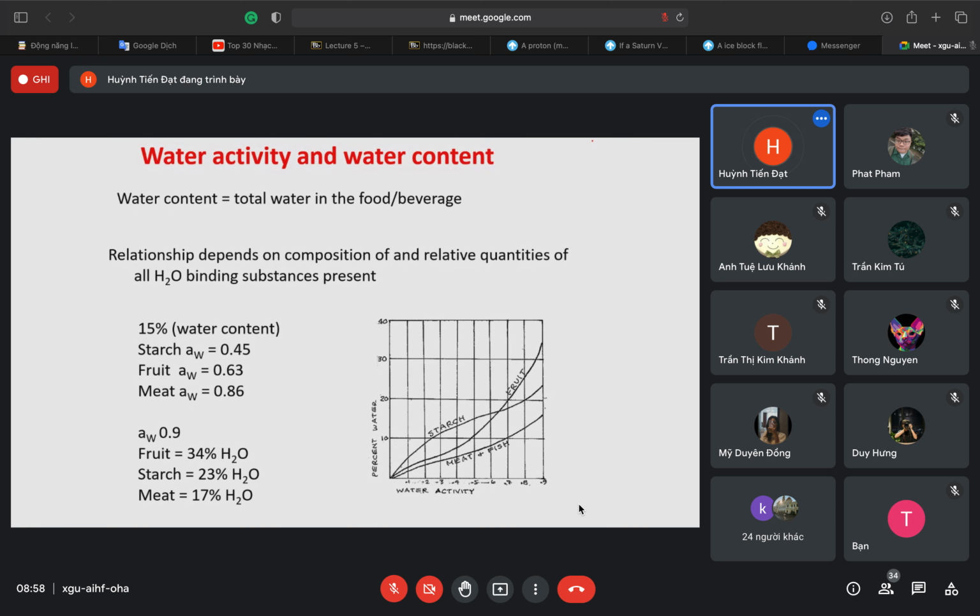Can you guess, in these three products, which one is higher in free water for microbial growth? The meat, the fruit, or the starch?